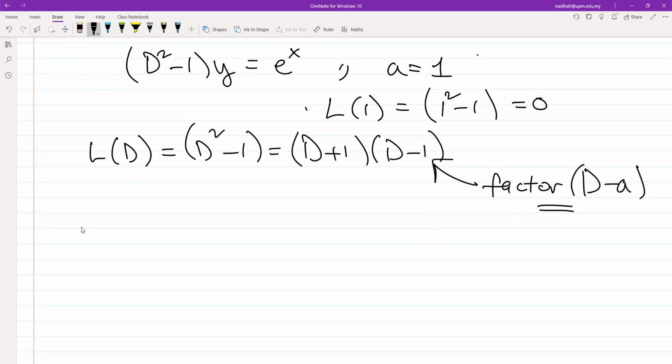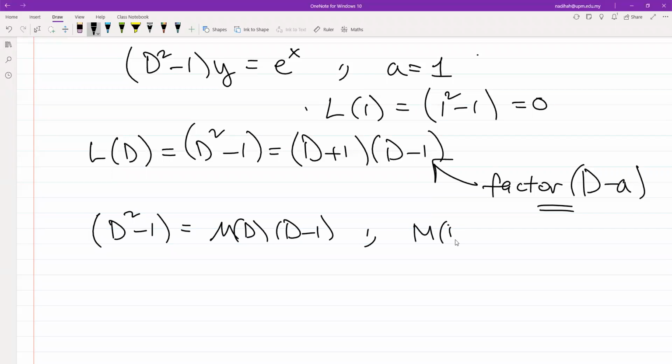So saya kata D squared minus 1 is equals to M of D times (D minus 1), where M of D equals to D plus 1.